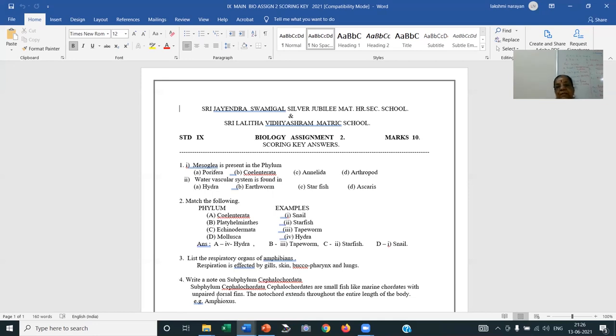An example for Echinodermata is starfish. Then match the following: Coelenterata, example hydra; Platyhelminthes, tapeworm; Echinodermata, starfish; and Mollusca, snail. I am sure this is clear.